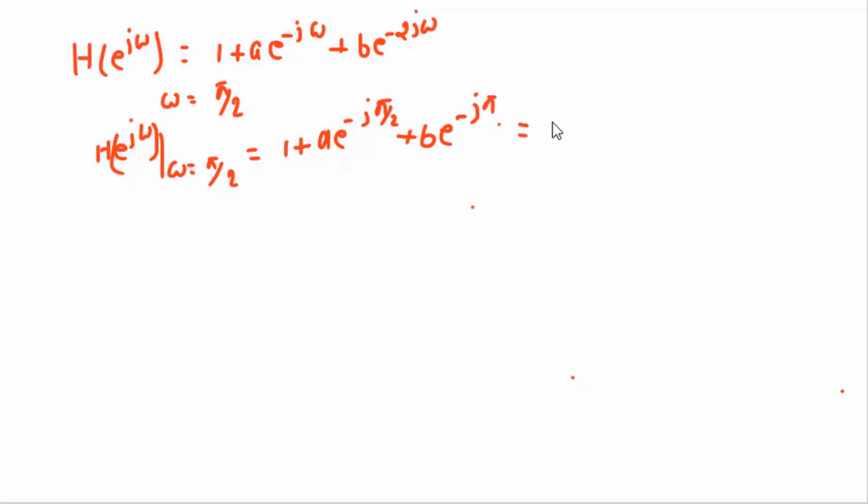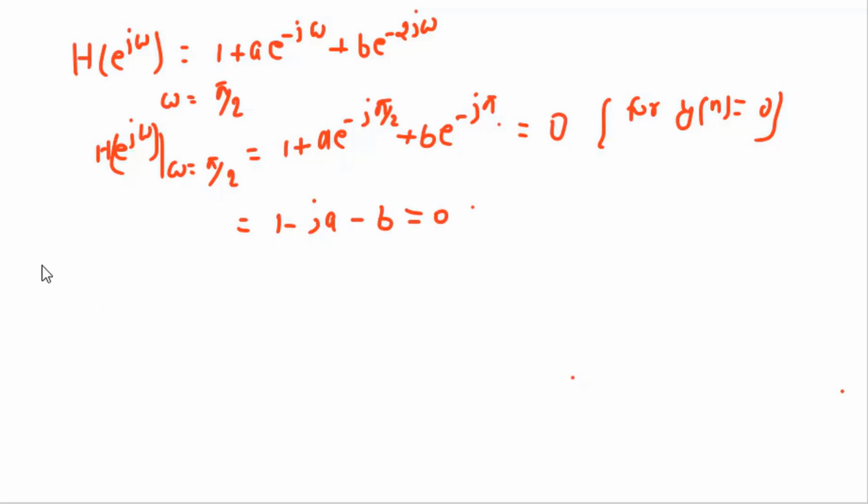So this should be 0 for y of n equal to 0. So this becomes 1 minus ja minus b equal to 0.